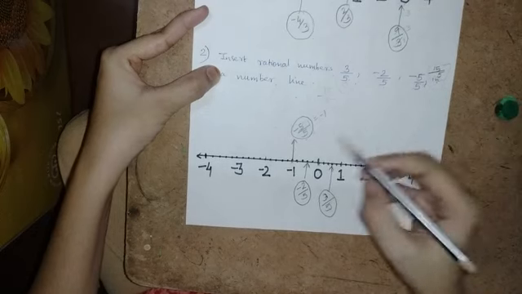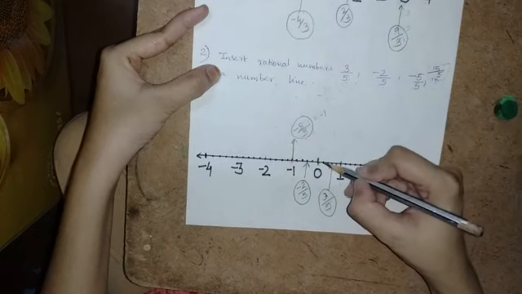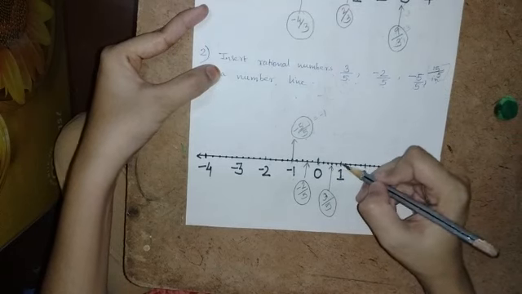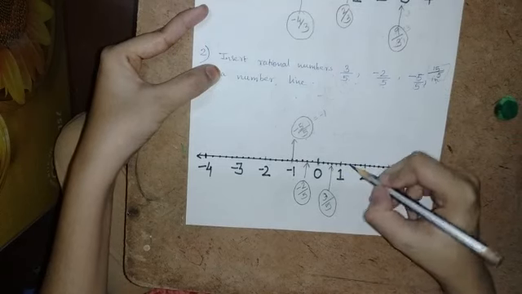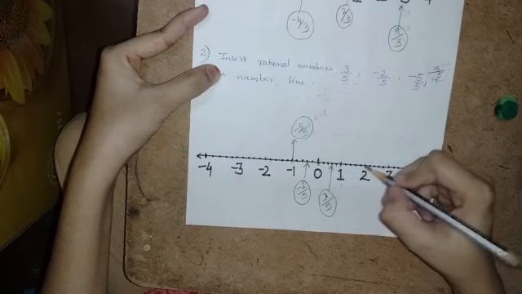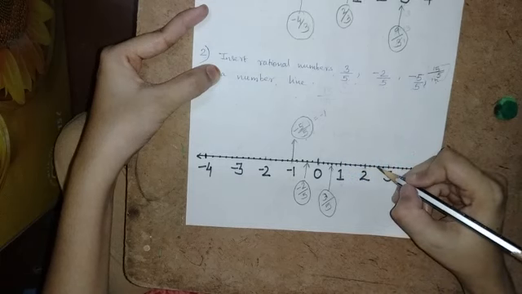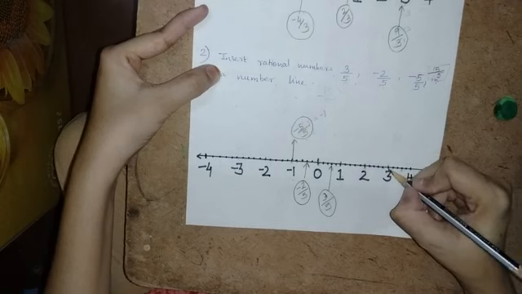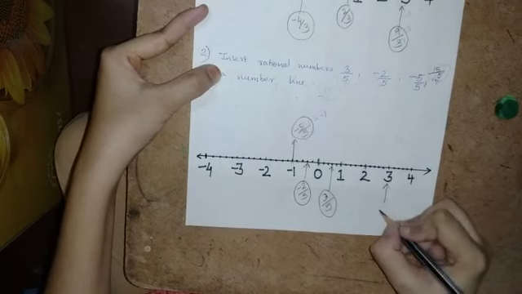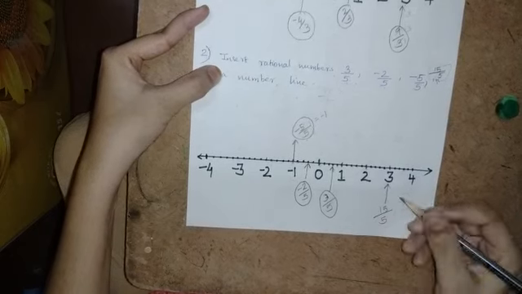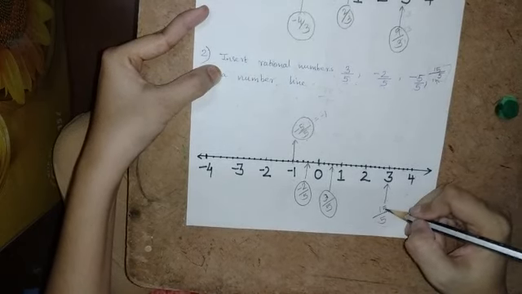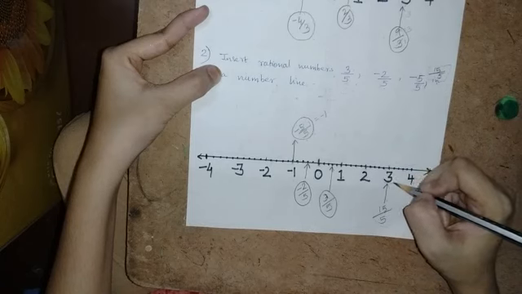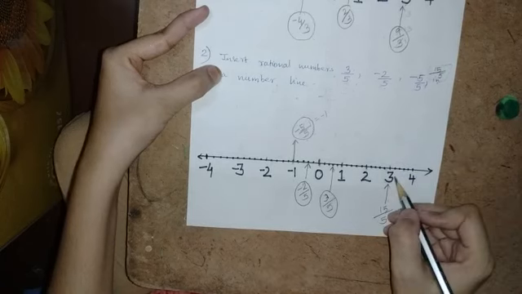Now 15 by 5. So 1 by 5 first dot, 1 by 5 second dot, 2 by 5, 3 by 5, 4 by 5, 5 by 5, 6 by 5, 7 by 5, 8 by 5, 9 by 5, 10 by 5, 11 by 5, 12 by 5, 13 by 5, 14 by 5, here 15 by 5. Now you can see this 15 by 5 is coming at the position of positive integer 3.